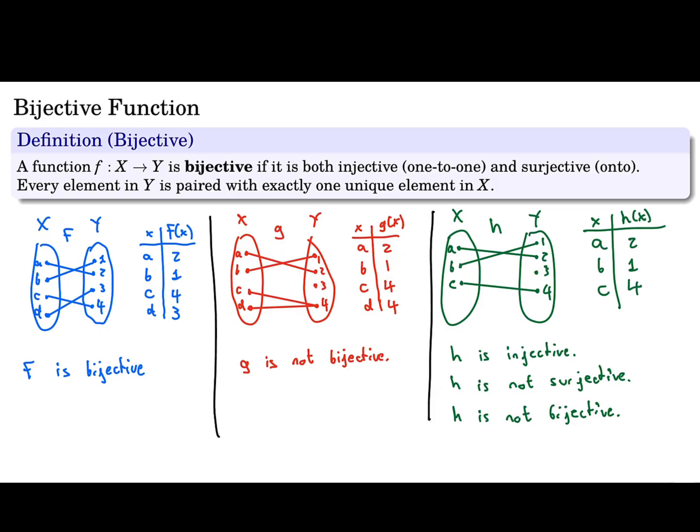And you can also have the issue where 4 is paired to 2 elements instead of 1. And so bijective means that every element in Y is going to be paired with exactly one unique element in X.